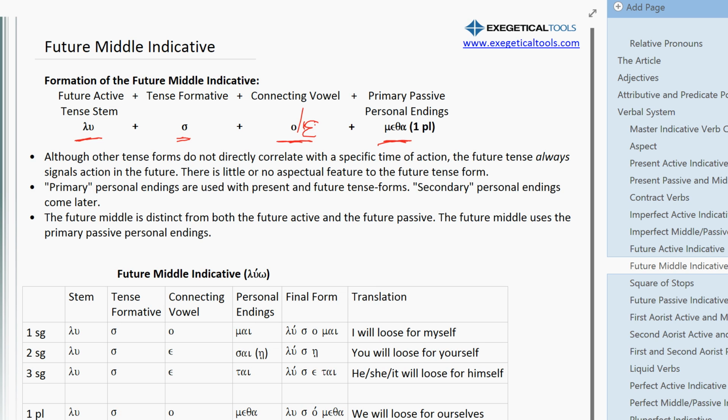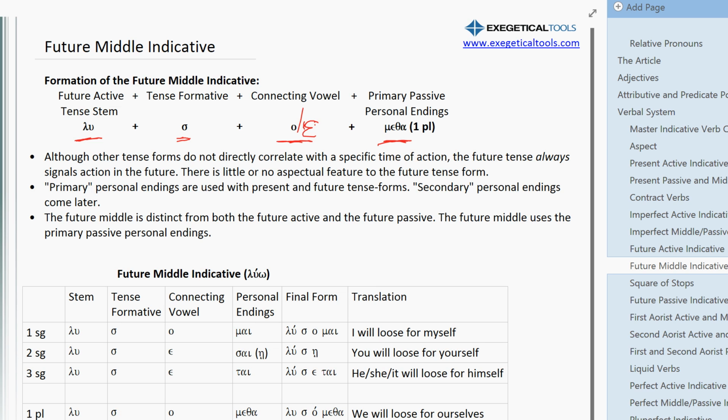And most of the things that we said that apply to the future active indicative are going to apply here. Remember, we're still talking about future time. And remember that there's little or no aspectual force to the future tense form. That's slightly debatable, but for the most part it just seems like it refers to future time, and the action itself in future time could be going on in different ways, but the Greek verb form may not be able to comment on what type of action it is.